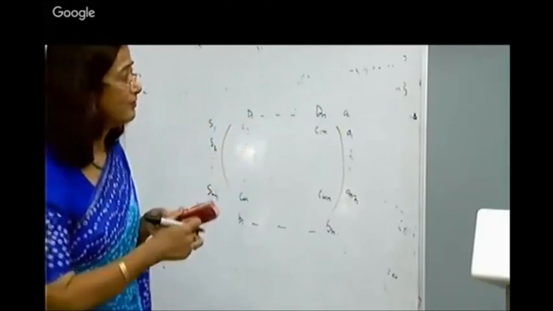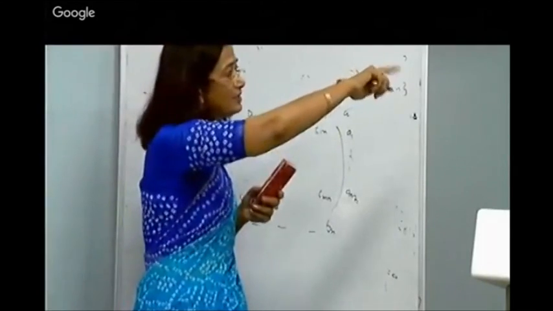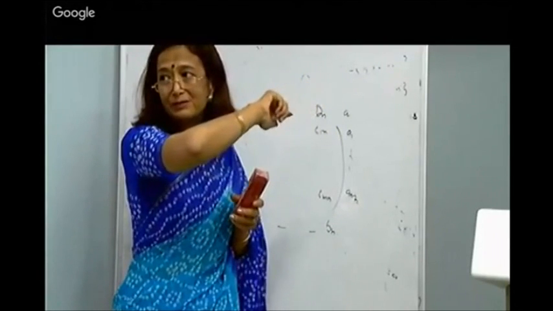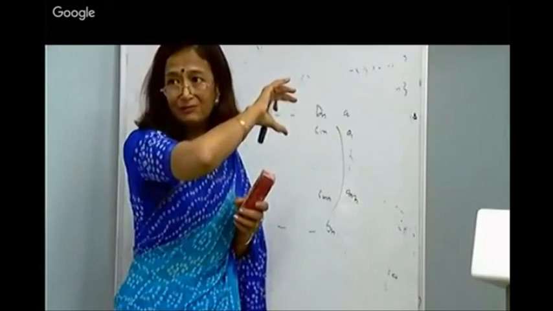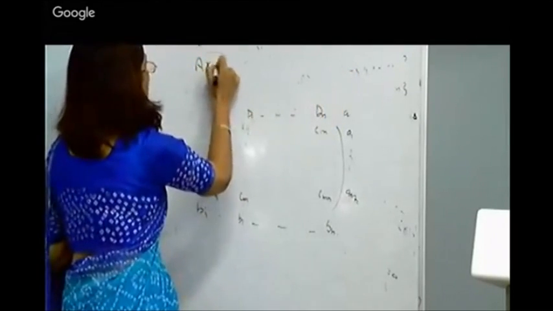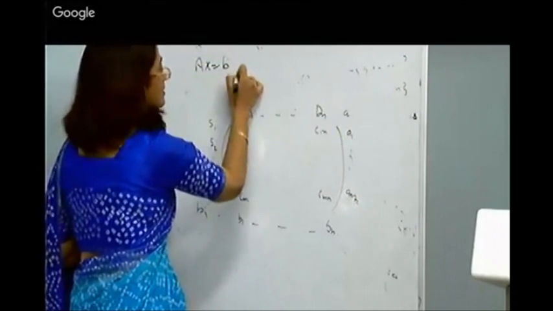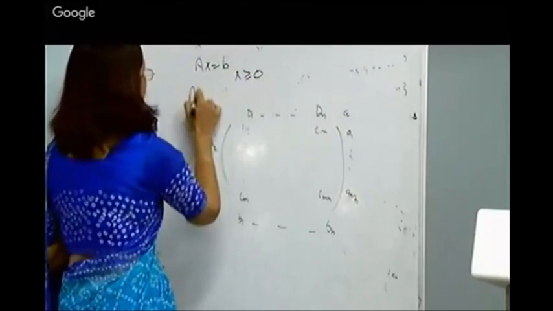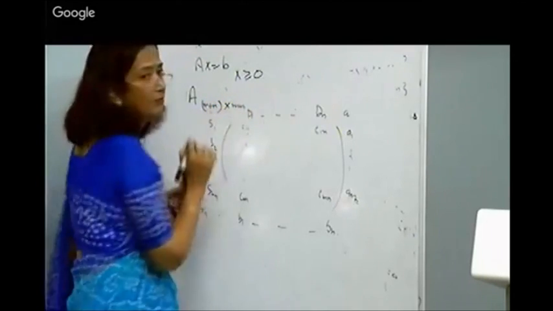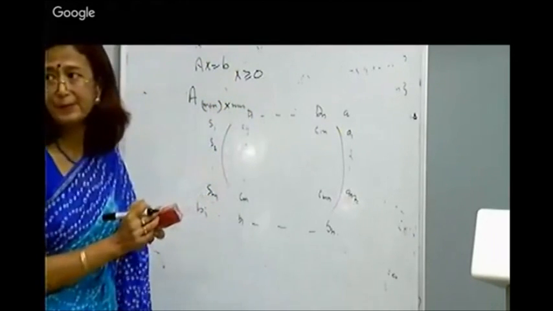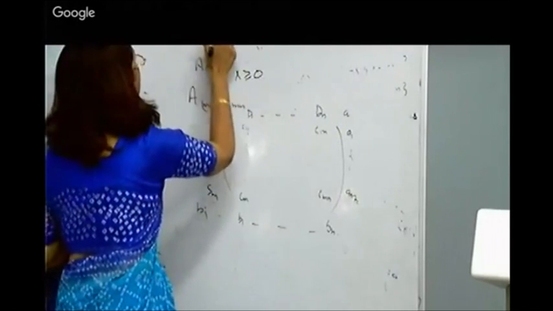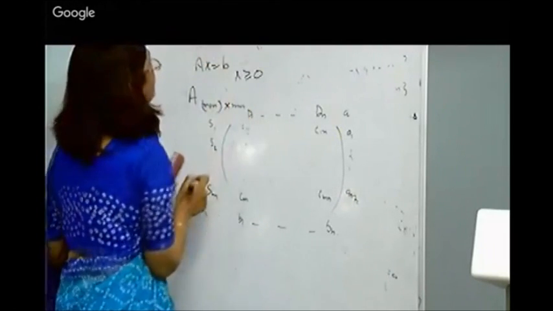Linear. In fact, the coefficients of these variables are all ones. So there is a typical kind of system, you can write this as Ax equal to B, X non-negative, and this A is an (M plus N) cross MN matrix here, right? And you are minimizing Z equal to Cx.